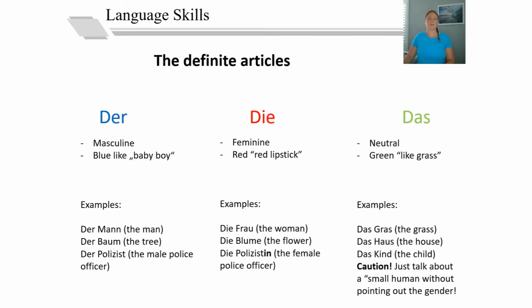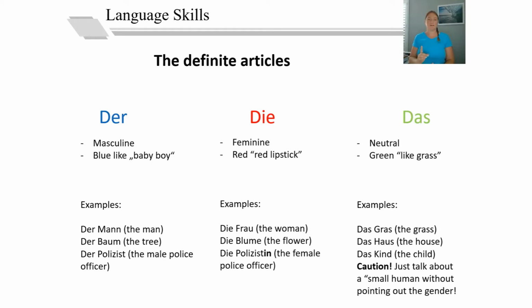The last of our definite articles is das. And das, we said, is not male, masculine, it's not female, it is neutral, neutrum. And therefore green is the color, like the grass, das Gras, which we have in our first example, or also das Haus, the house, or das Kind, the child.